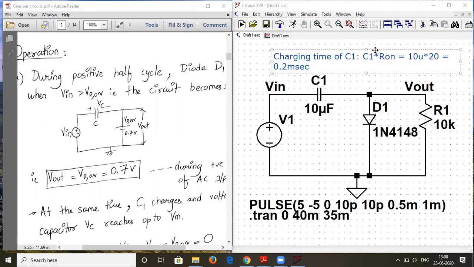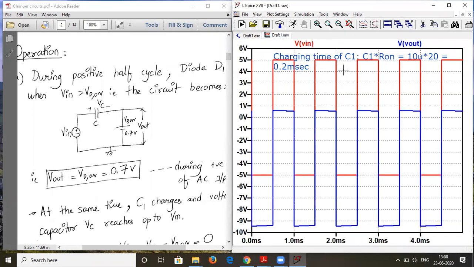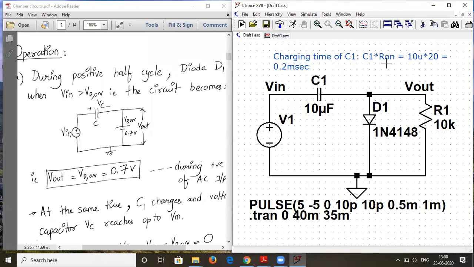So as you can see, the charging time for this capacitor is around 0.2 milliseconds over here. And these waveforms which you have over here have a time period of around 1 millisecond. So the charging is extremely rapid. Actually, this value of on resistance of this diode is even smaller.